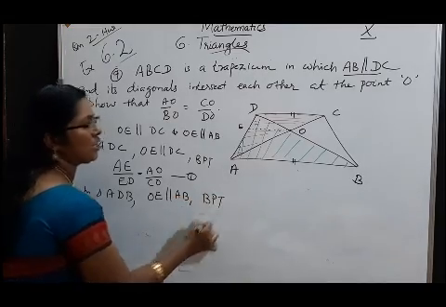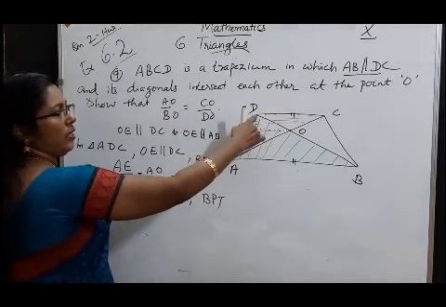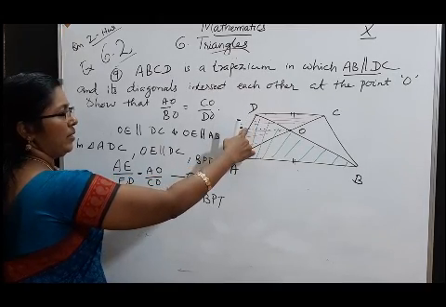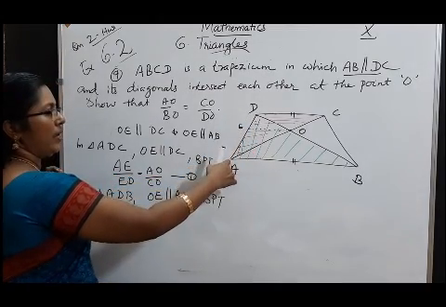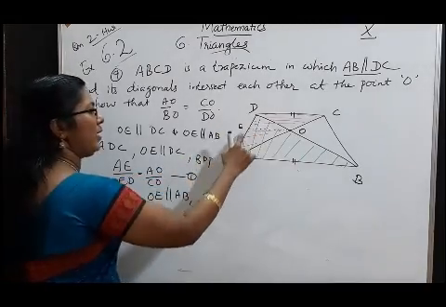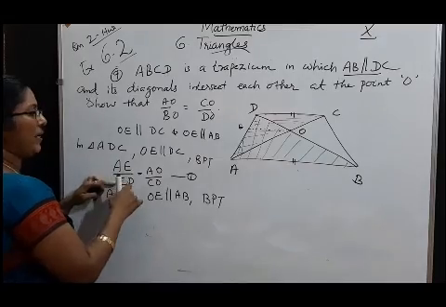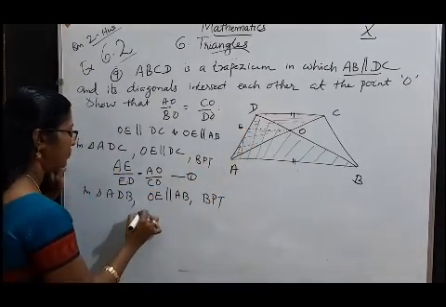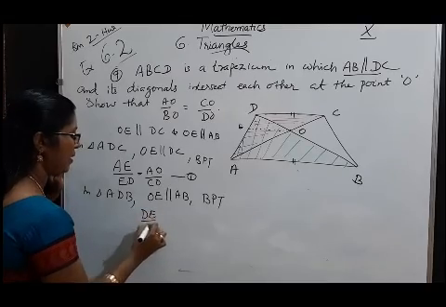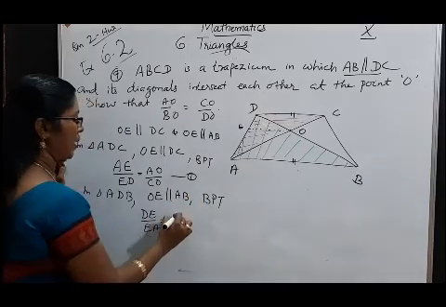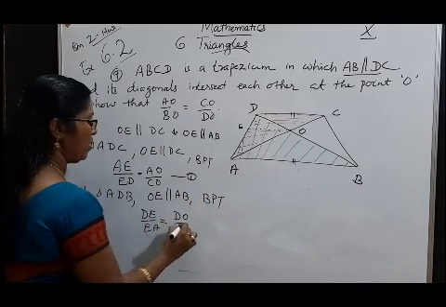By the basic proportionality theorem, DE by EA equal DO by OB.